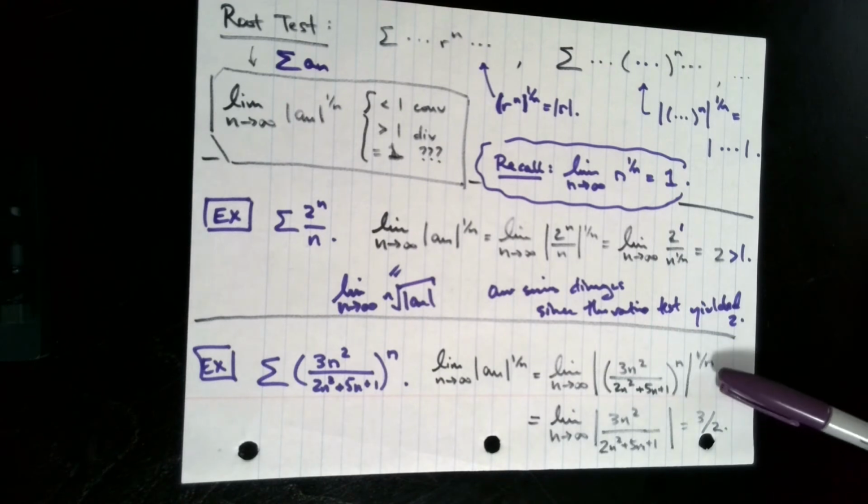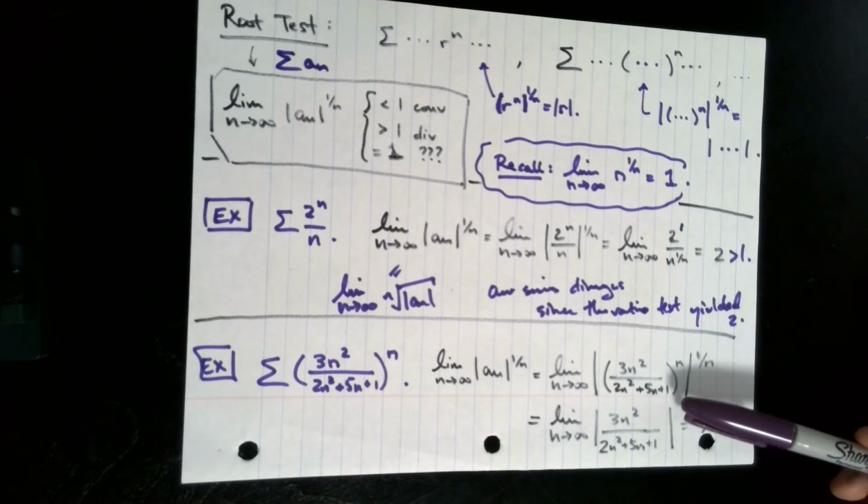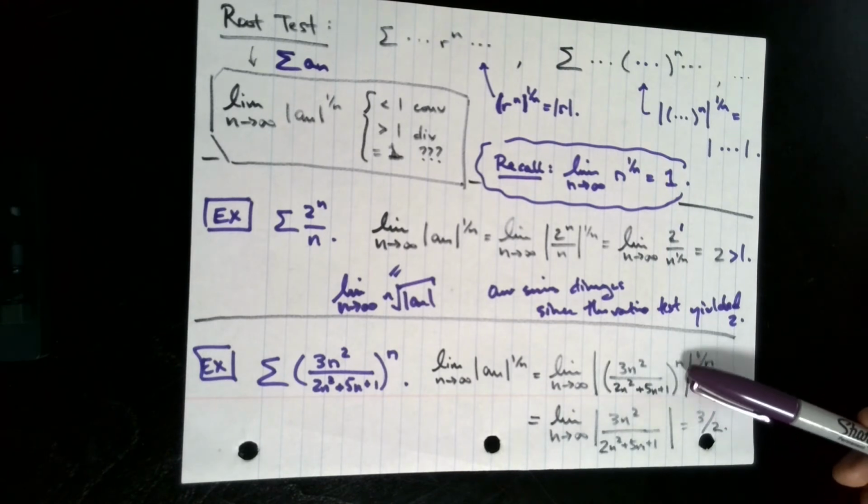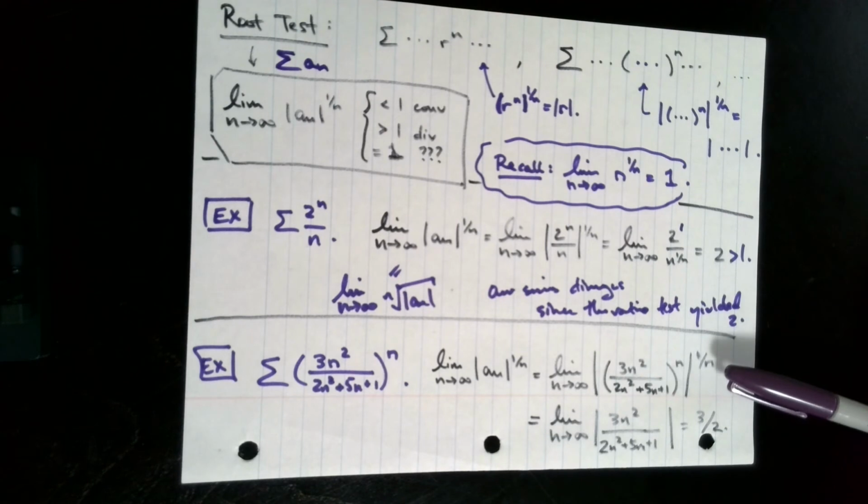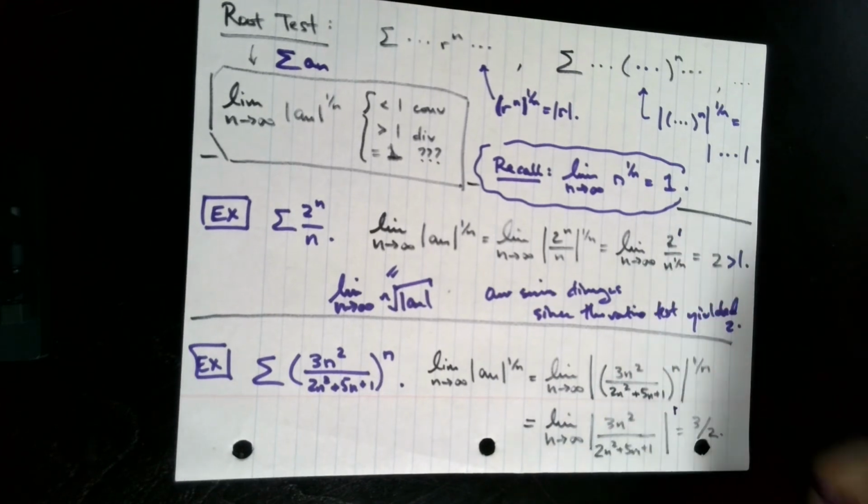So in particular, when you write this out and you plug in what the a_n terms look like, you get this whole thing in parentheses, raised to the nth power, raised to the 1 over n power. Well, a power raised to a power, we multiply the exponents, and ultimately n times 1 over n is just 1. So now down below, our power is 1. We still have the absolute values to contend with, but so be it.